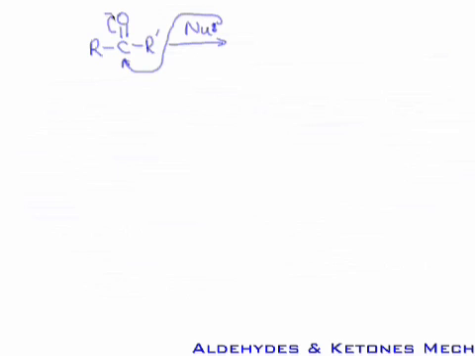The pi bond ruptures, and we get R, C, O minus, R prime, and the nucleophile, where R equals H or alkyl and R prime equals H or alkyl.